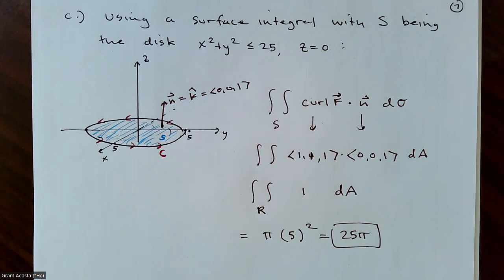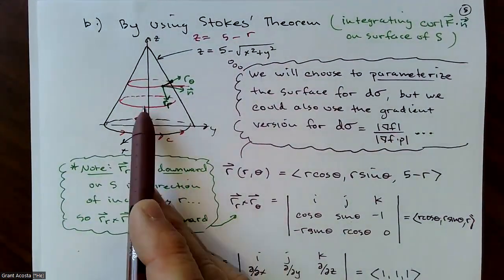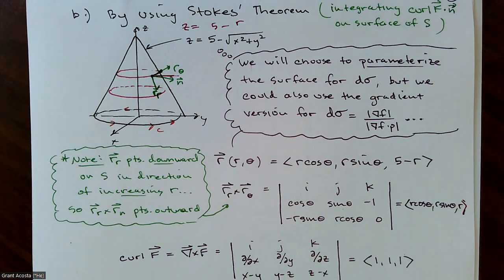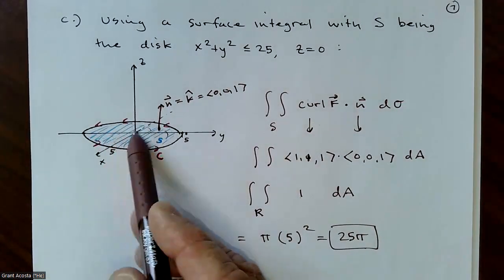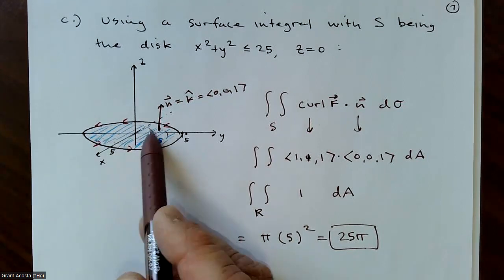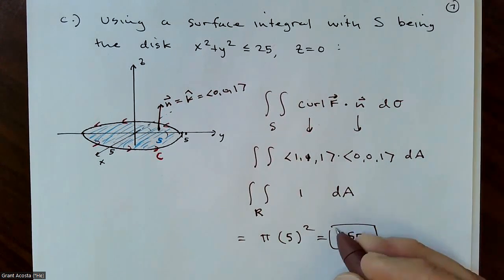So very, very cool. Could you, on a test, if you knew this, rather than doing this double integral over the cone, which gave us a kind of messy integral, knowing that I'm going to get the same answer if I just use as my surface this flat disk, it's a much simpler integral.